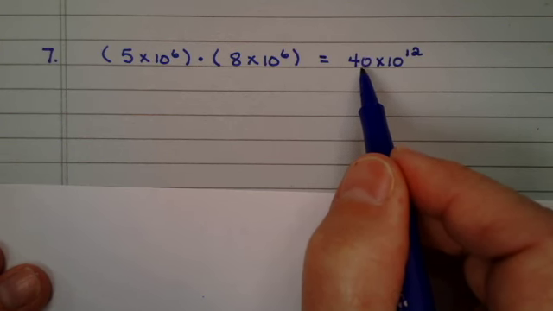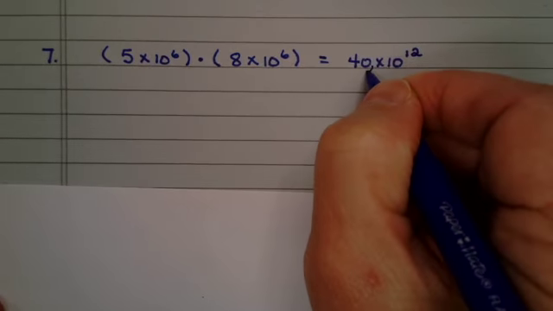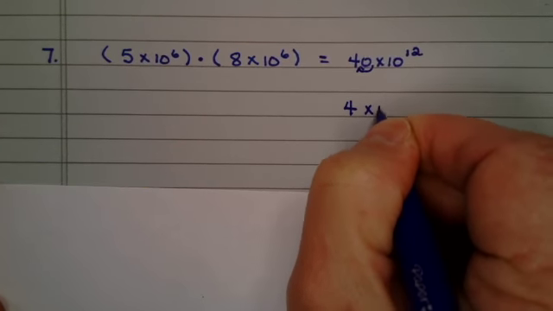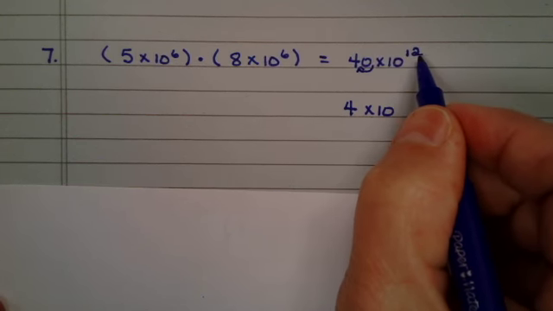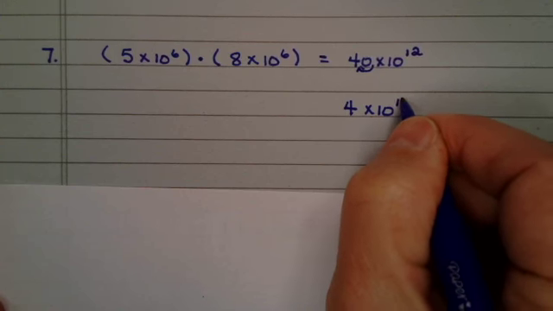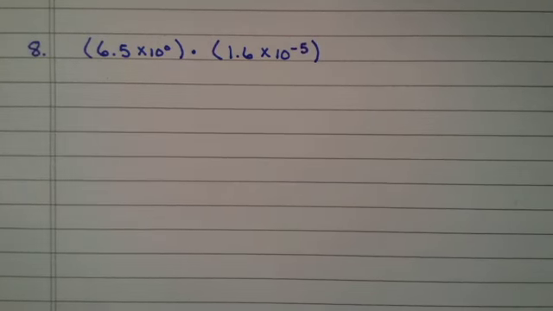This one has 2 numbers in front of the decimal. So I need to move that decimal to this spot right here. And I have 4 times 10. If I move the decimal in this direction, it's going to make my exponent go up 1 to 13.